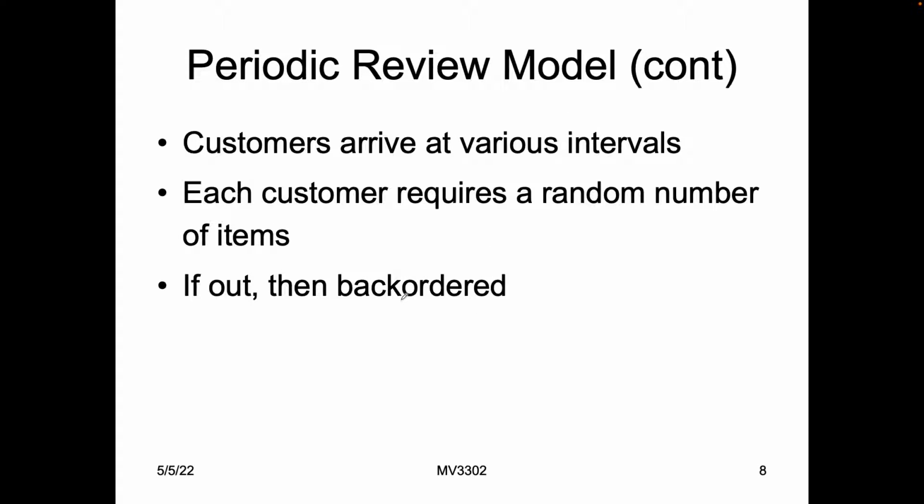So the customers are arriving at various intervals, and you can think of that as an arrival process, but the wrinkle is that each customer is going to demand a random number of items. Unlike the queuing model, where each customer is just one guy, here a guy shows up and says, I want 10 of them. And then the next guy shows up and says, I want 5. If we have them, we can give them.